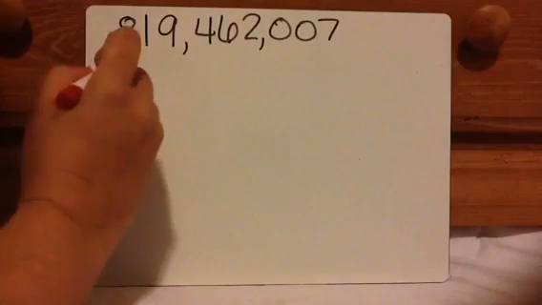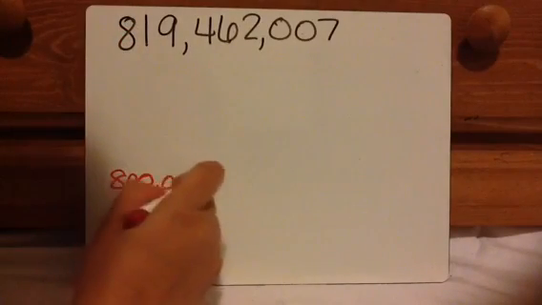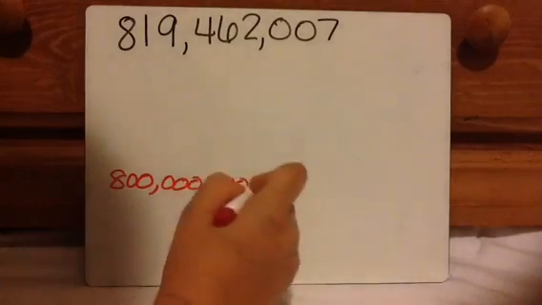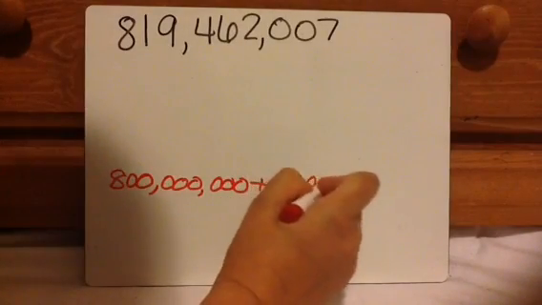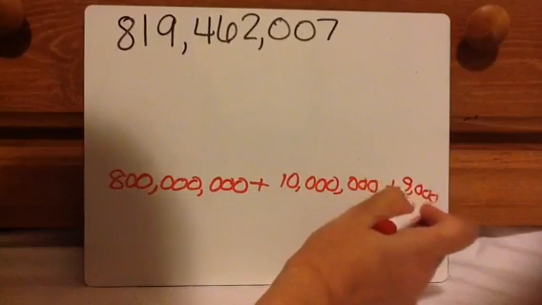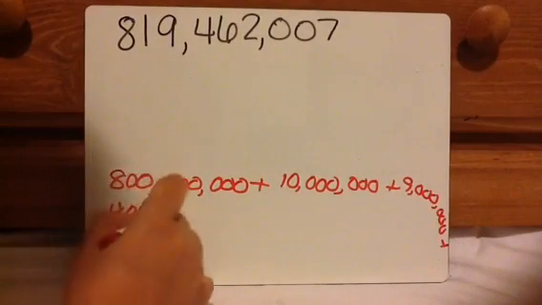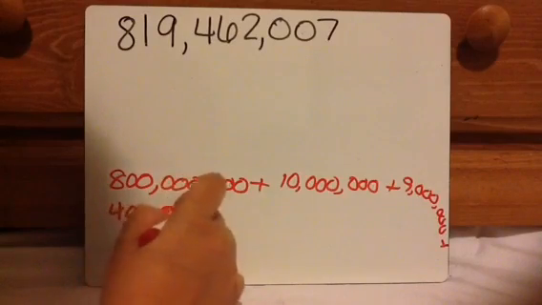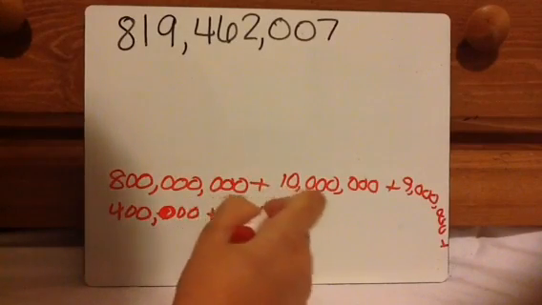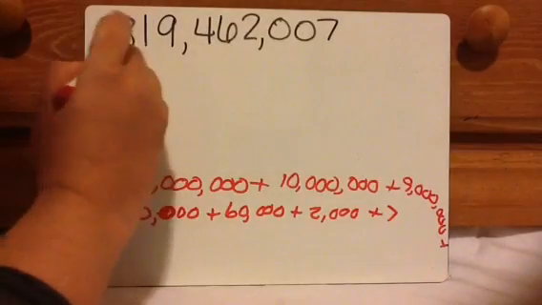Okay, so I'm going to go ahead and write the answer down here. Ooh, this is getting crazy with all the zeros. And then plus 7. Here's another strategy.